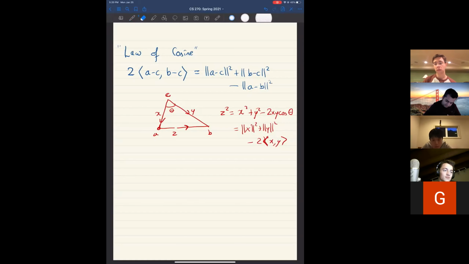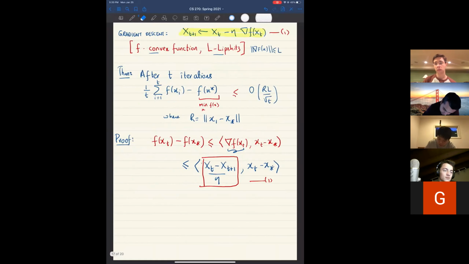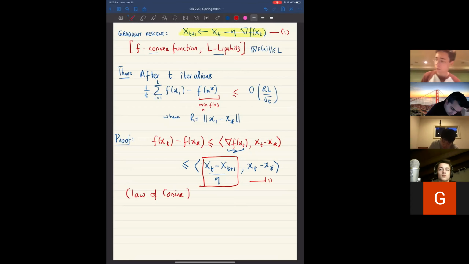It's really easy. So I'm going to apply the law of cosine here and expand out.